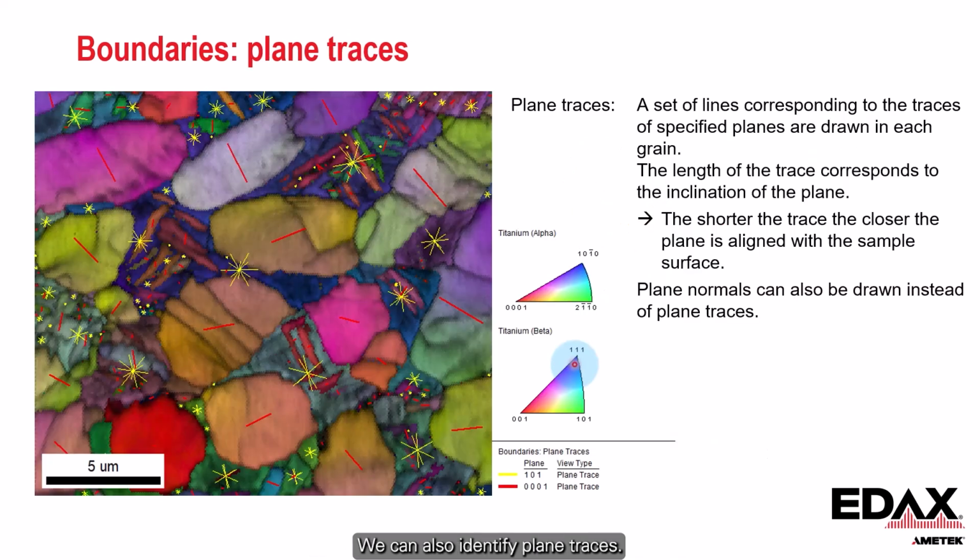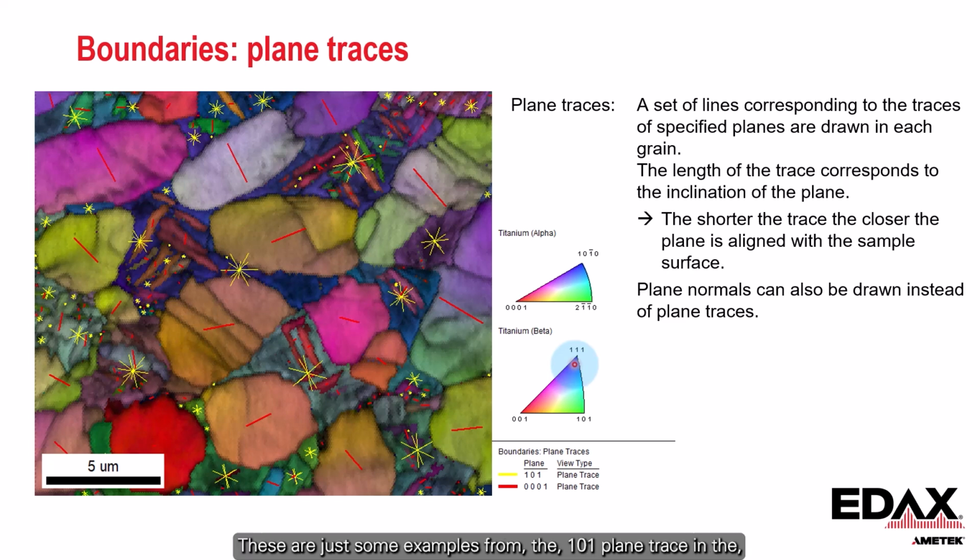We can also identify plane traces. These are a set of lines corresponding to the trace of a user-specified plane in each grain. The length of the trace corresponds to the inclination of the plane, and by that, the shorter the trace, the closer the plane is aligned to the sample surface. And we can draw plane traces or plane normals.